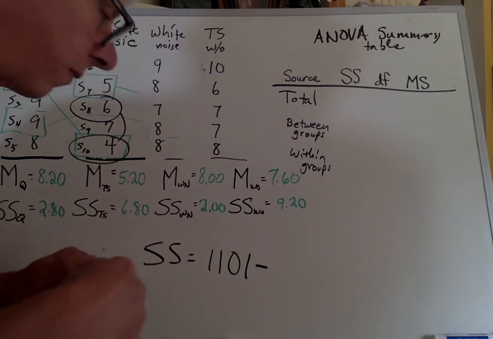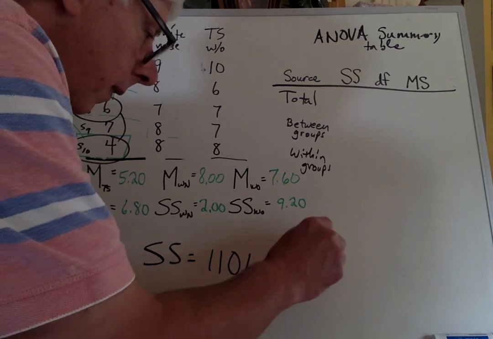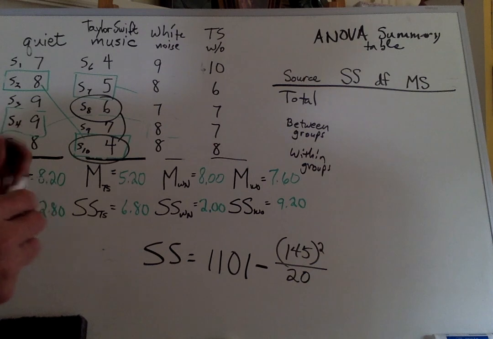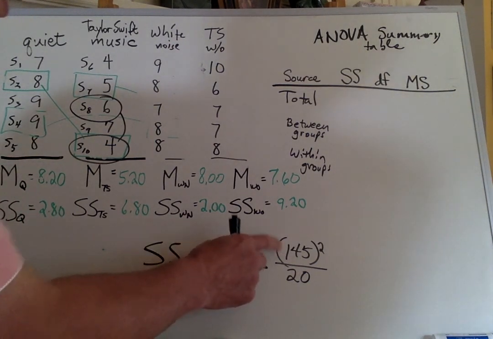I think it's 145 squared divided by 20, right? We have 20 numbers. Of course, I'm going to check this value again.